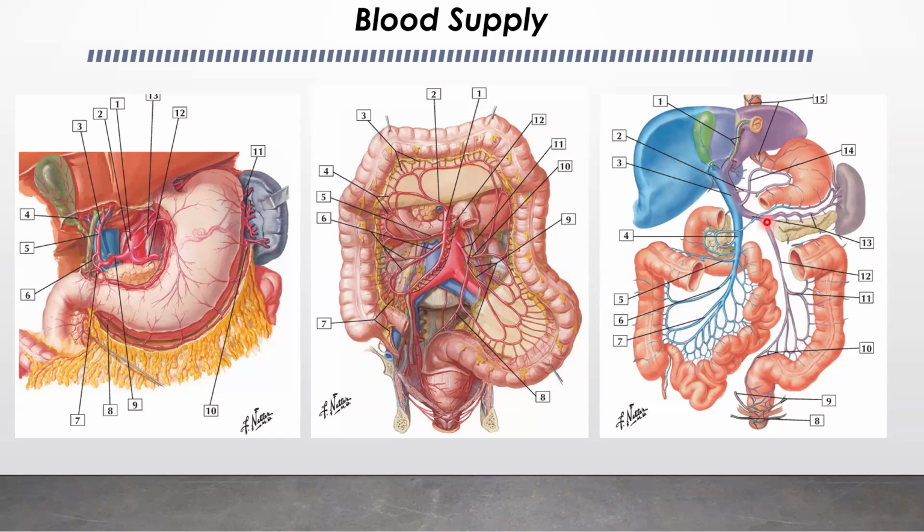What is the importance of that? It enables the substances and nutrients coming from the viscera to go into the liver for metabolism. Remember, the liver is the major organ for metabolism. That's where metabolism usually happens.